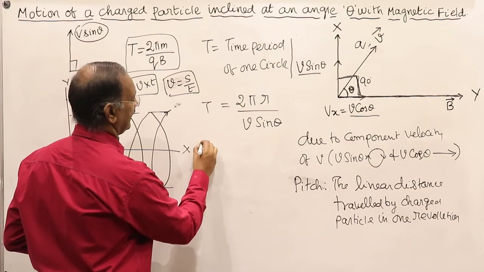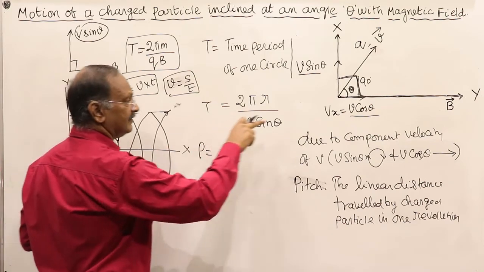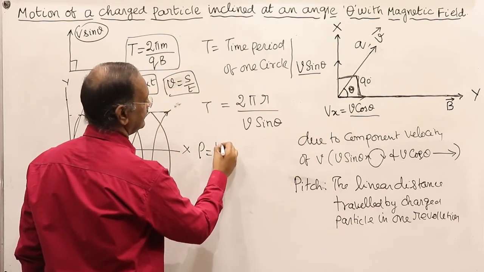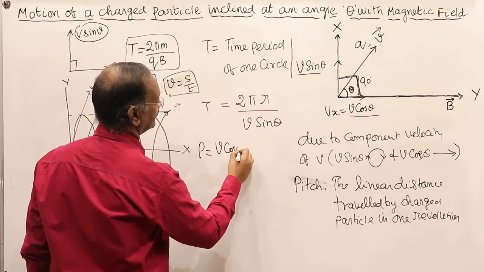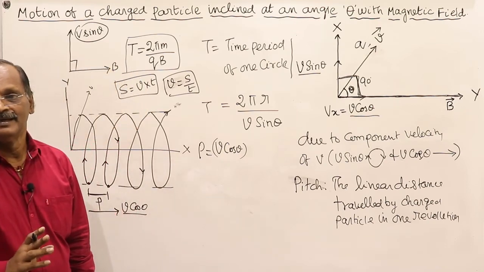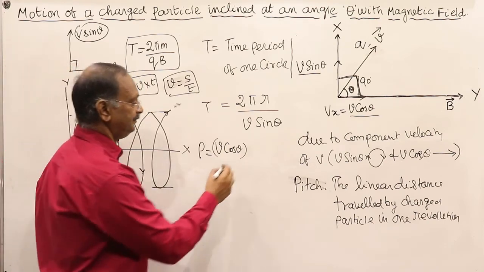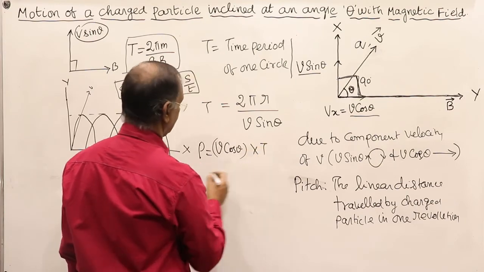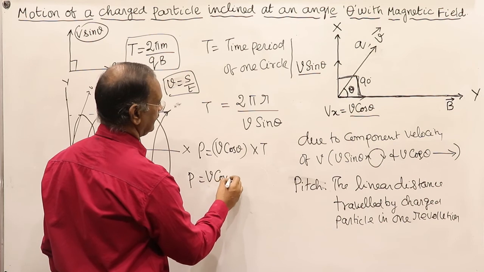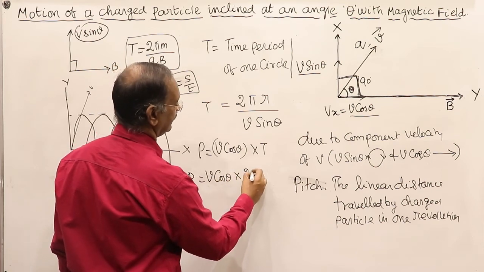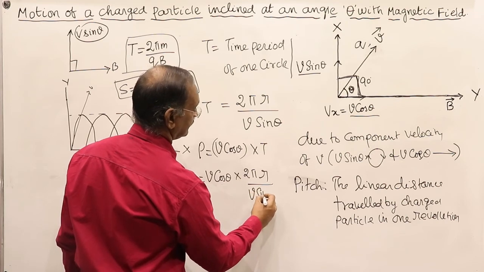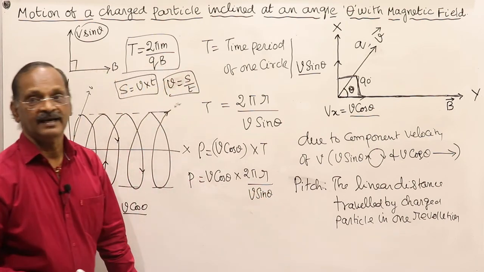Because of this velocity only it is making linear displacement, that velocity component is v cos theta, and into its time period. So pitch is equal to v cos theta into time period, and time period is equal to 2 pi r by v sin theta.